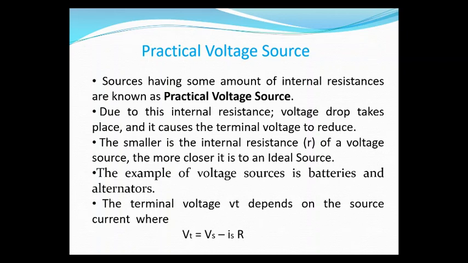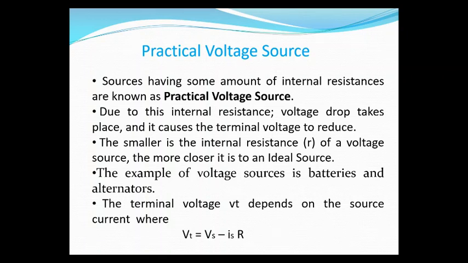The smaller the internal resistance of a voltage source, the closer it is to an ideal source. If a larger internal resistance is there, then the terminal voltage is totally dropped. So the examples of voltage sources are batteries and alternators.